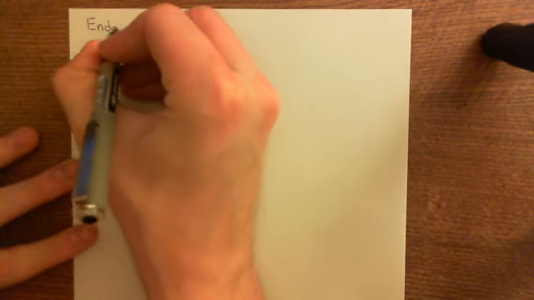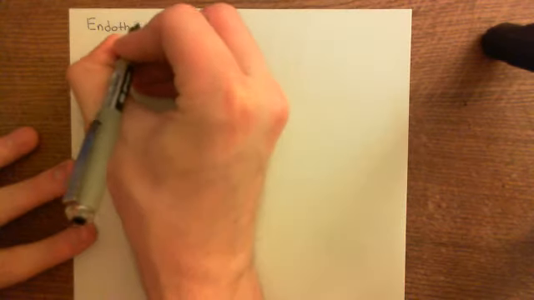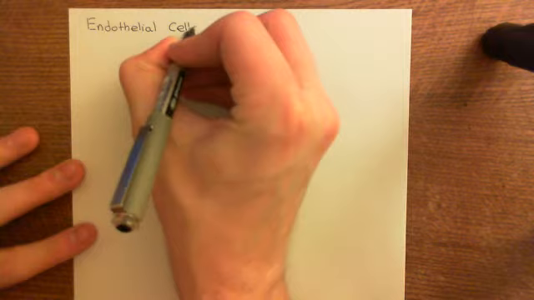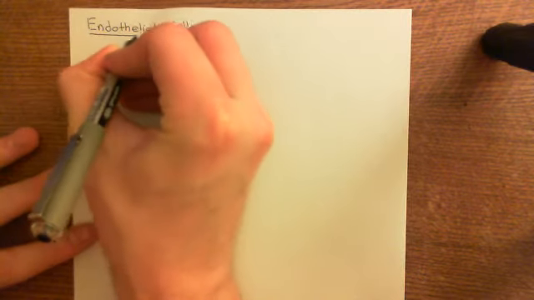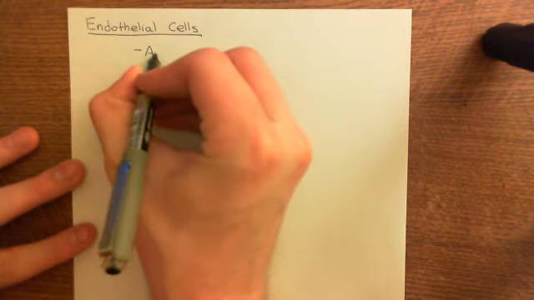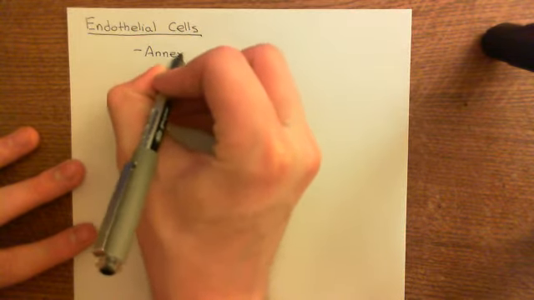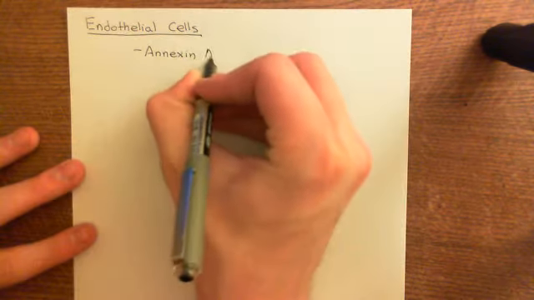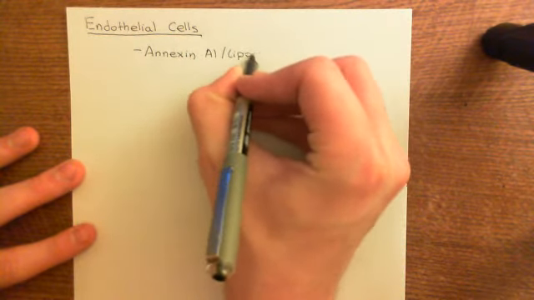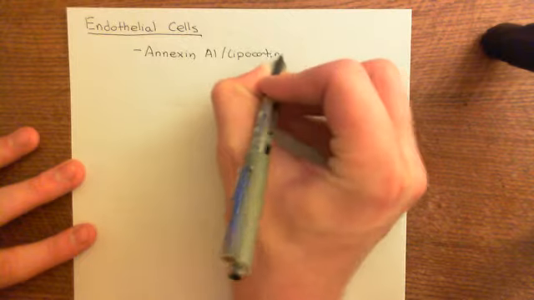Okay, so what do glucocorticoids do within endothelial cells? Well, firstly, they also lead to the production of annexin A1, just like you got in the mast cells. So you're also going to increase the expression of annexin A1, which is also known as lipocortin 1.